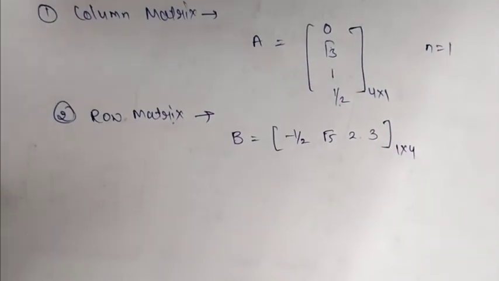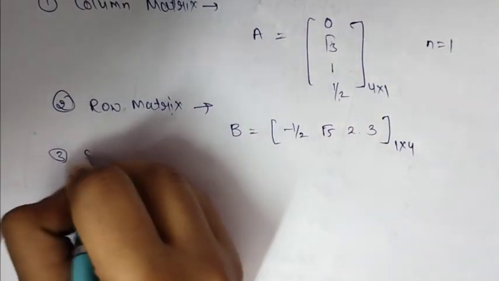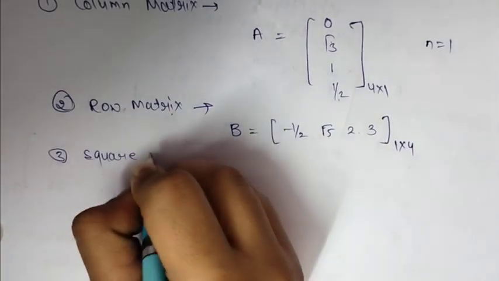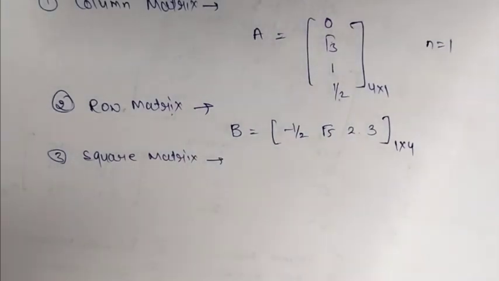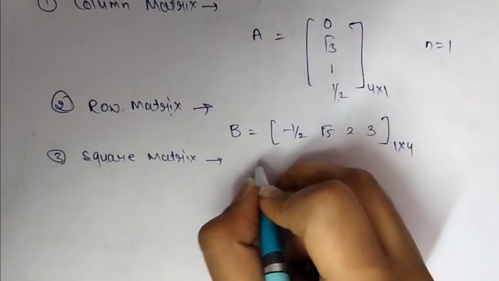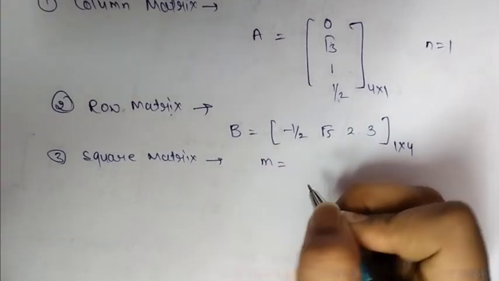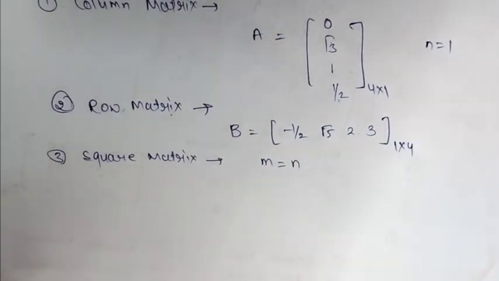Now we talk about square matrix. Our third part is square matrix. As the name suggests, a matrix in which the number of rows is equal to the number of columns is said to be a square matrix. As you know, m represents rows and n represents columns. So when in a matrix m is equal to n, we can say that it is a square matrix.